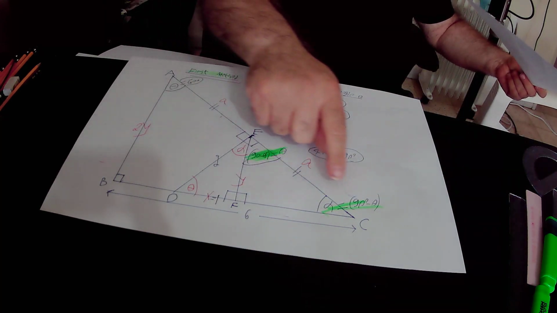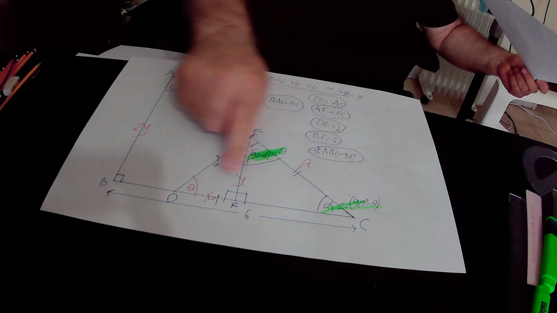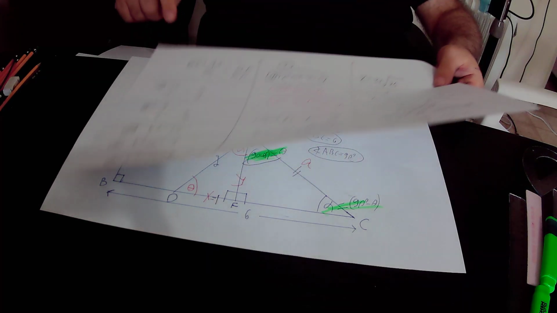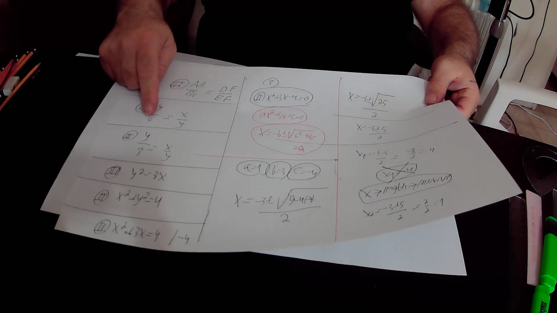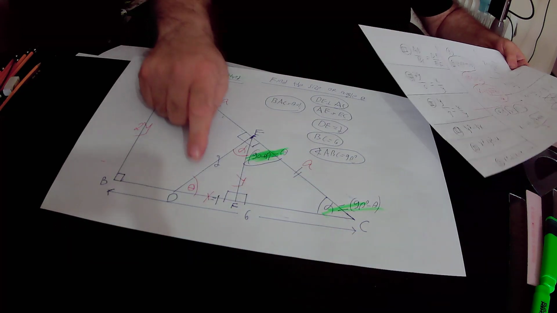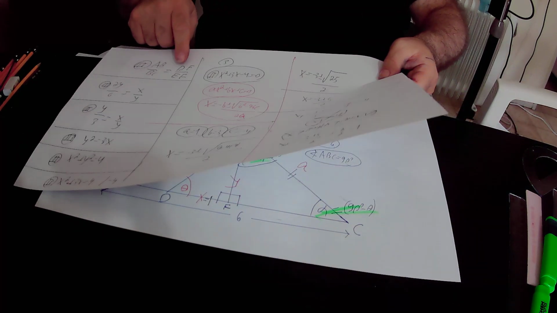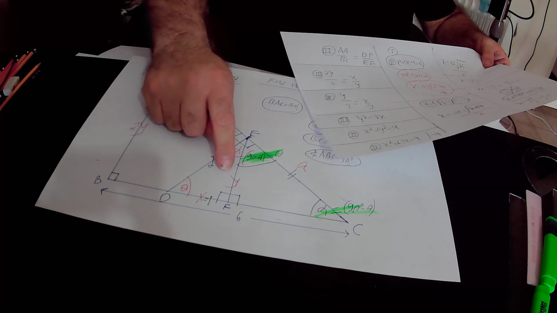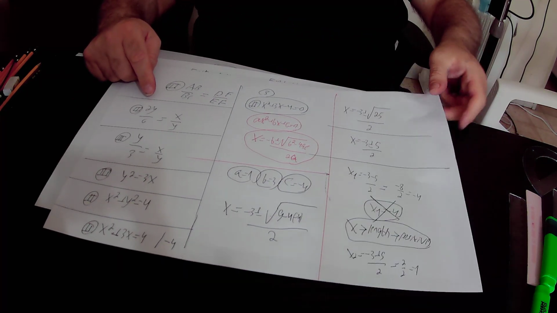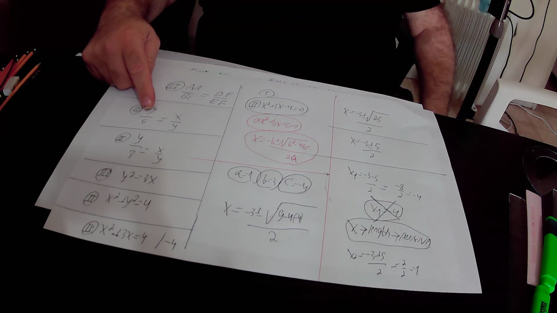BC here is equal to 6, so we substitute BC by 6. DF equals X, and EF equals Y. So in conclusion, we found out that 2Y over 6 equals X over Y.